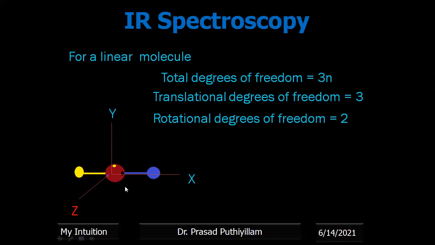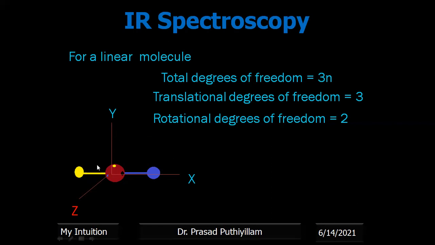But in x direction, rotation means it rotates in place, so that will not cause any absorption of IR radiation. There is not much variation in dipole. Dipole means charge separation. Here one charge is on this side, another charge on the other, positive and negative charge separation is there. If it rotates, we know that charged objects made to rotate will change the dipole moment.